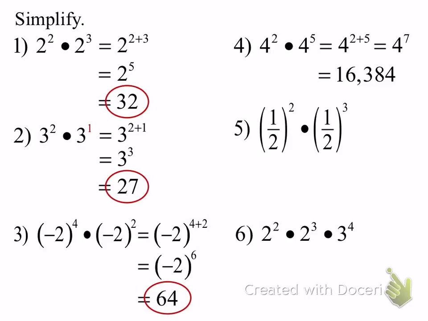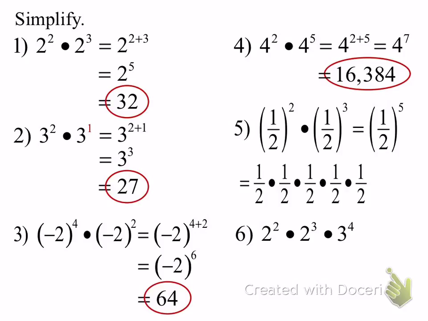Fractions, same thing. The base is 1/2. We're still adding the exponents. The 2nd power plus the 3rd power is the 5th power. That means 1 to the 5th power and 2 to the 5th power. 1 times 1 times 1 times 1 times 1 is what? Over 32. Okay.